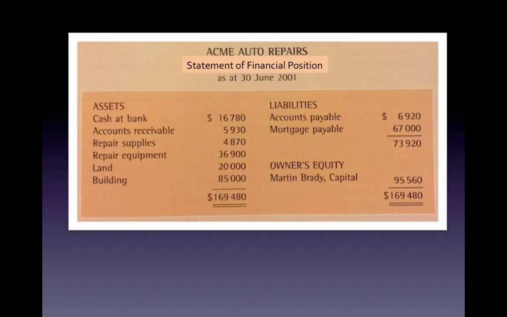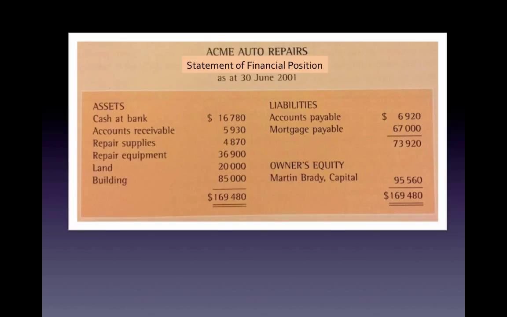Who claims these resources? Who provided these resources? Then on the right hand side you have the liabilities. These are accounts payable, people you buy products and supplies from, and you haven't paid them, so they claim amounts from you. Mortgage payable is basically a loan on your land and building. So the total amount of liability is 73,920. And then the balance will be the owner's claims.